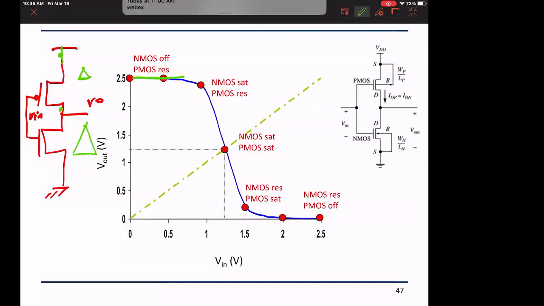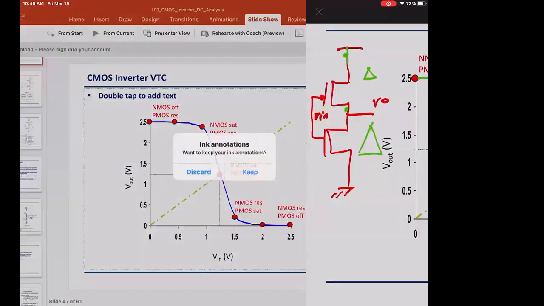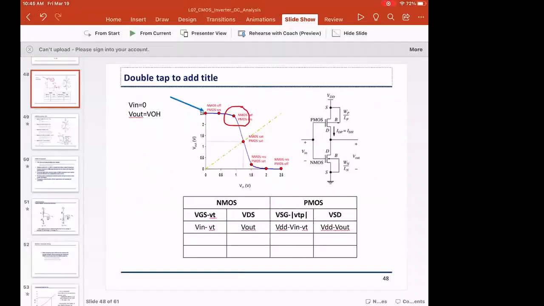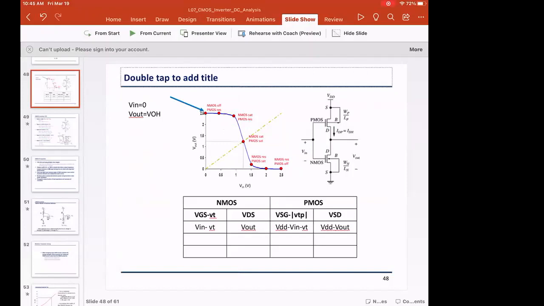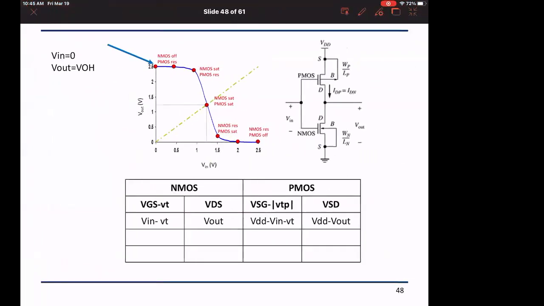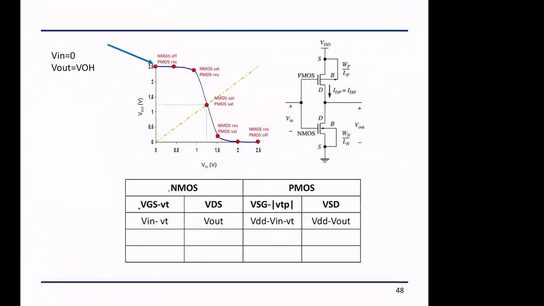If both devices are on, then we want to look for the NMOS device and for the PMOS device, what are their specific VSD and VDS. So let us look at this slide here, and let me erase this one. The NMOS will have VGS minus VT equal to Vn minus VT. Let me draw it again.